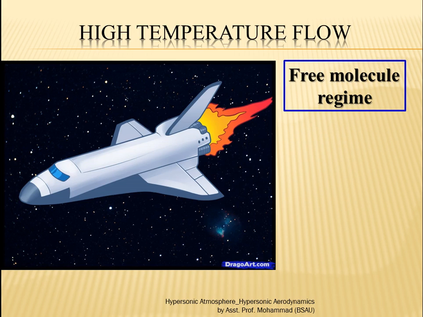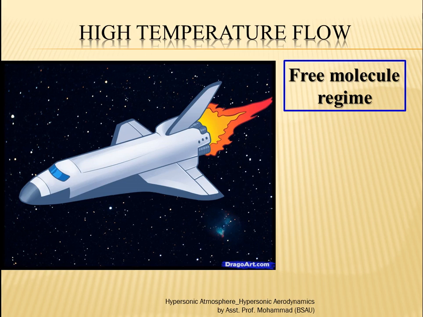In that regime it is very important to use kinetic theory, and the equations developed on the continuum assumption are no longer valid, no matter whether we put the conditions or not. Such a regime normally begins at an altitude of 150 kilometers.